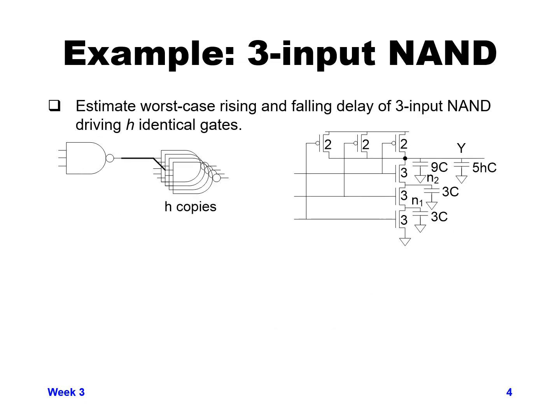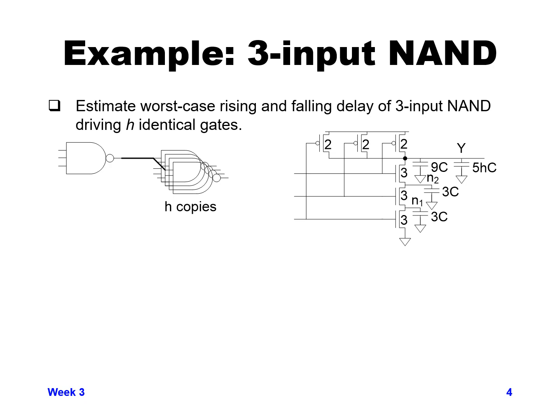So now let's continue this example and estimate our worst case rising and falling delay for a 3-input NAND. Obviously, if we have the 3-input NAND here, it should be driving something, so it should have some receiver that's receiving its output.